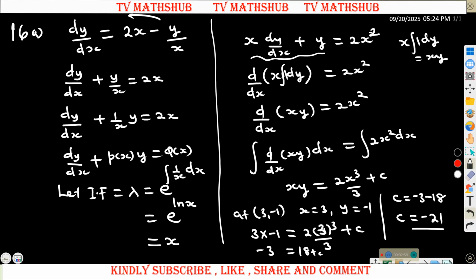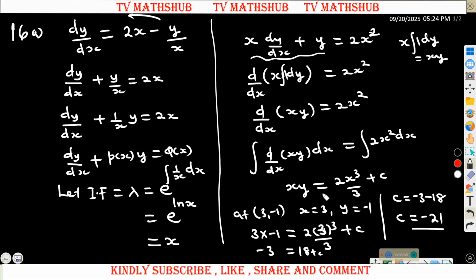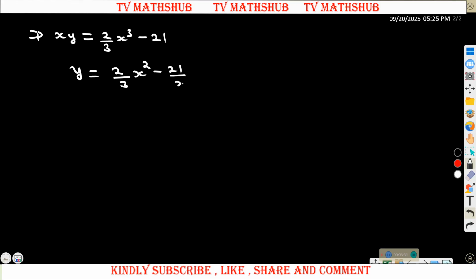Let us put it back into the equation. We are having xy equal to 2/3 x to the power 3 plus c, which is -21. From here you will have y equal to 2/3 divided through by x, this is x squared, minus 21 over x.